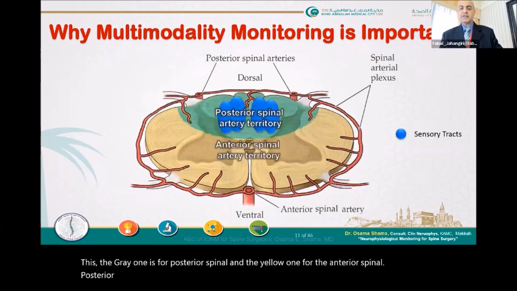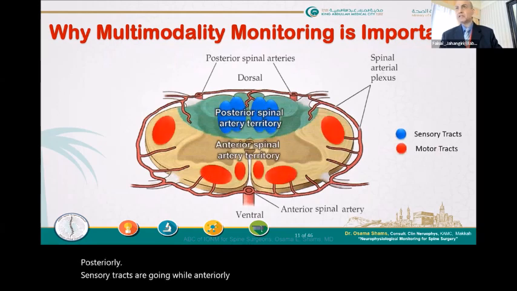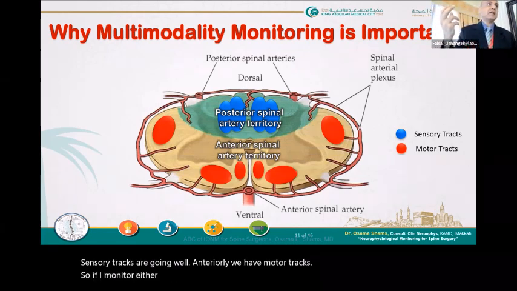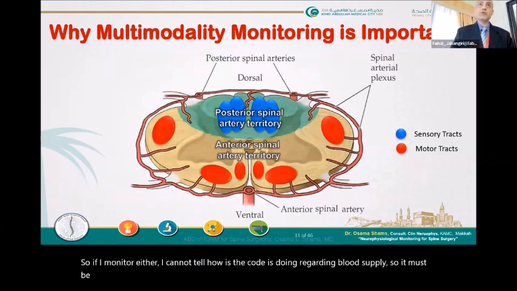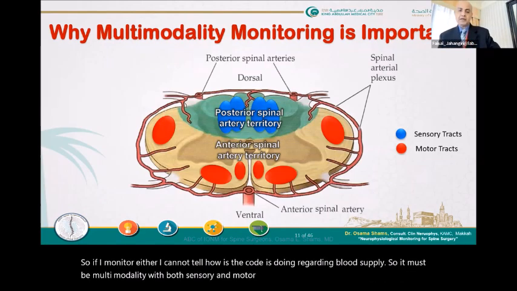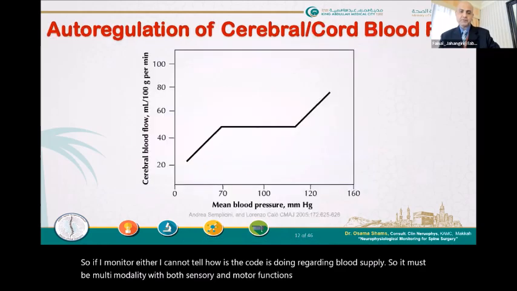Posteriorly, sensory tracts are going, while anteriorly, we have motor tracts. So if I monitor either, I cannot tell how the cord is doing regarding blood supply. So it must be multimodality with both sensory and motor functions monitored.